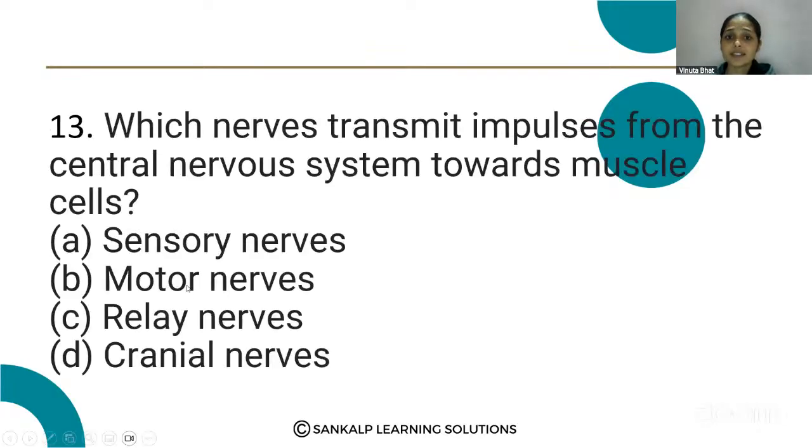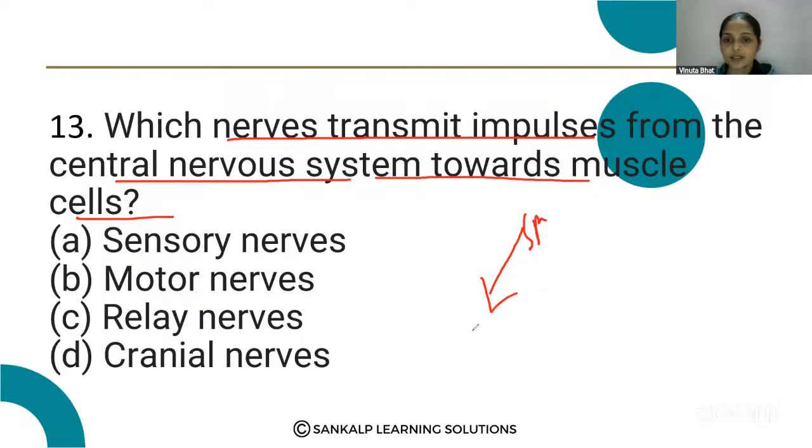Which nerves transmit impulses from the central nervous system towards the muscle cells? Sensory neurons, motor neurons, relay nerves, or cranial nerves.